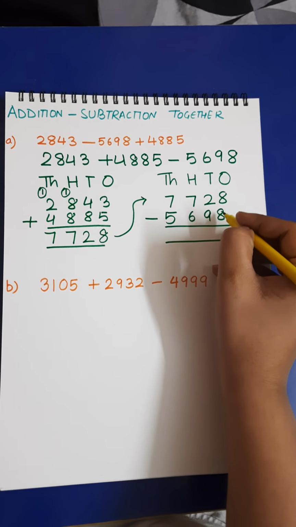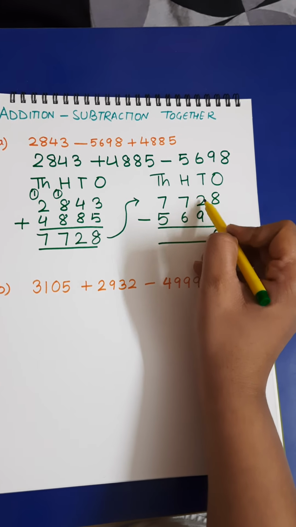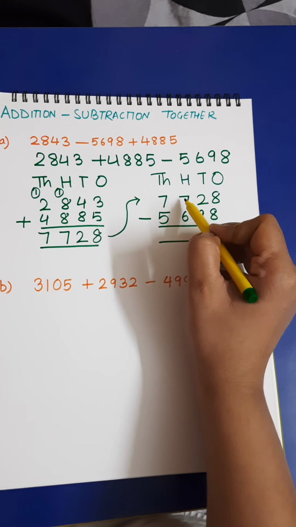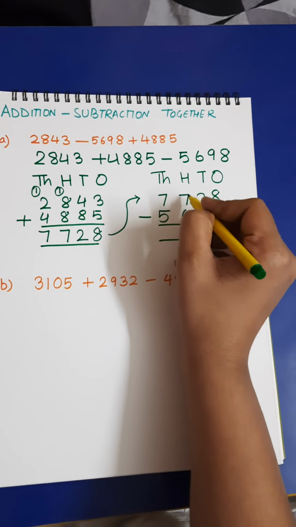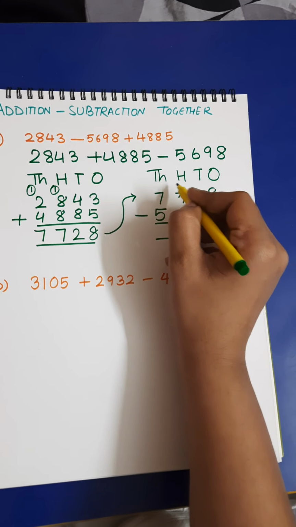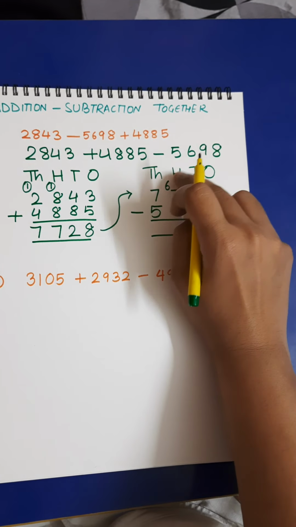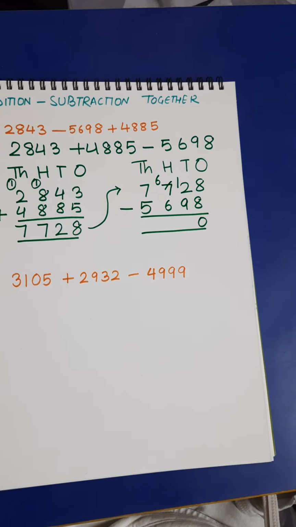So now here 8 minus 8 is 0. Now here 2 is in the tens place. 2 is weaker than 9, so I will knock the next door and ask for some help. Here I have 700, so it will become 600 and 100. How many tens are there in 100? 10. So it became 12.